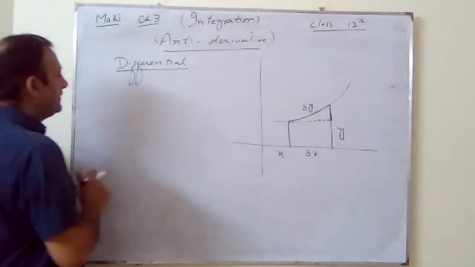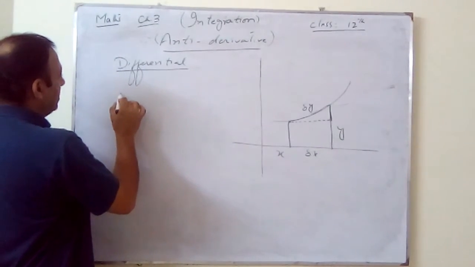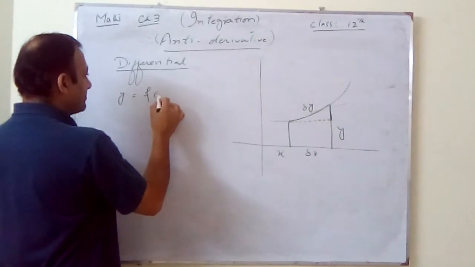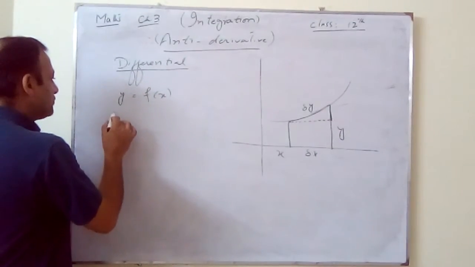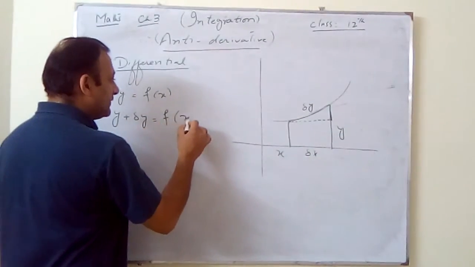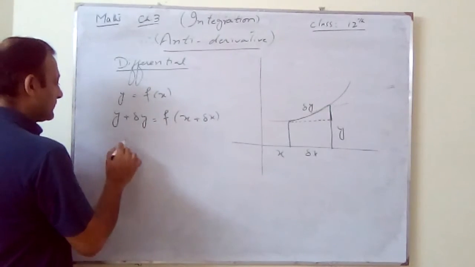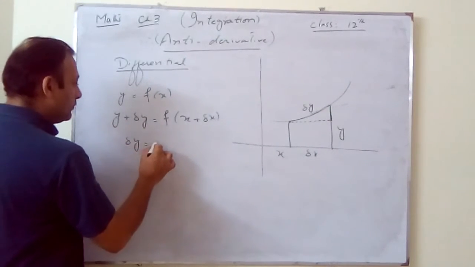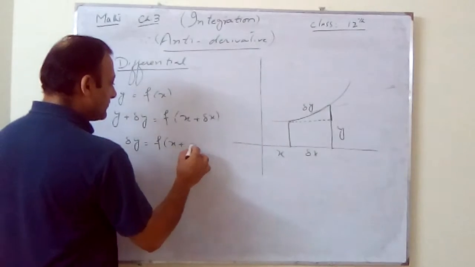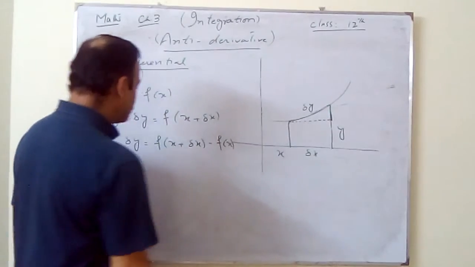You have already studied that if we take y is equal to f of x, and there is a change in y because of change in x, delta y is equal to f of x plus delta x minus f of x.